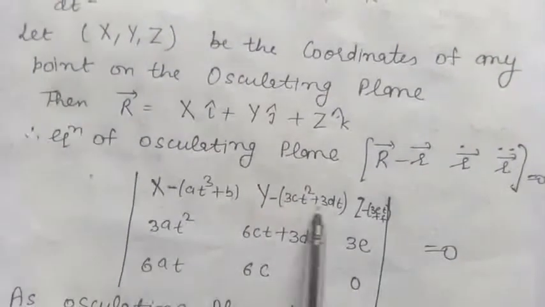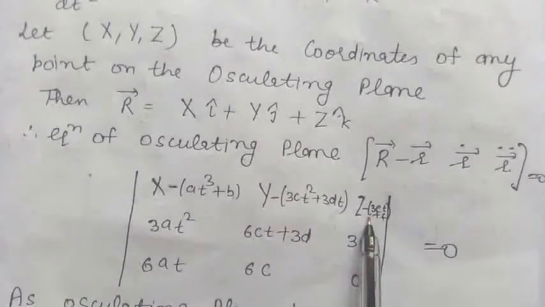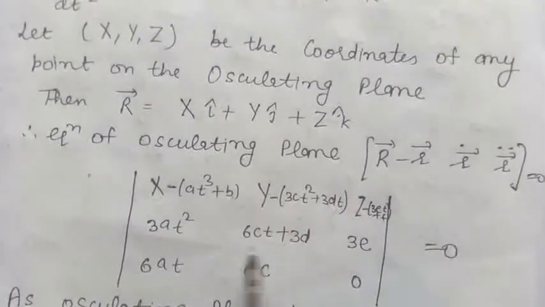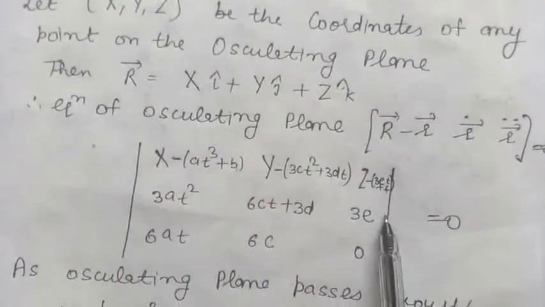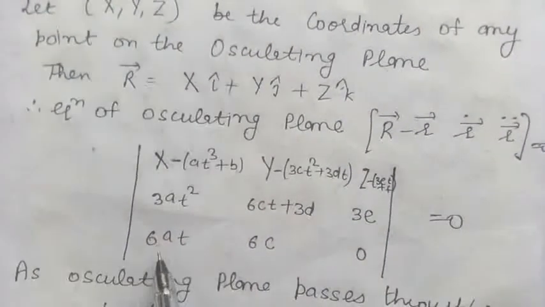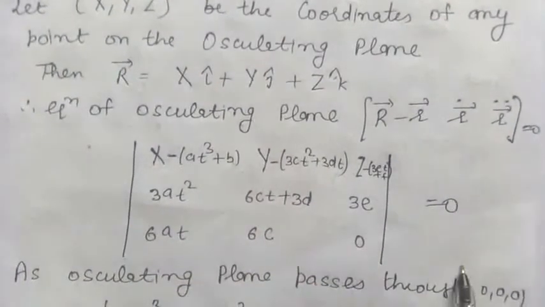Now substituting the values of vector R minus r in the first row of the determinant, in the second row the components of r dot, which are x dot, y dot and z dot, and in the third row the values of x double dot, y double dot and z double dot. This determinant is equated to 0.